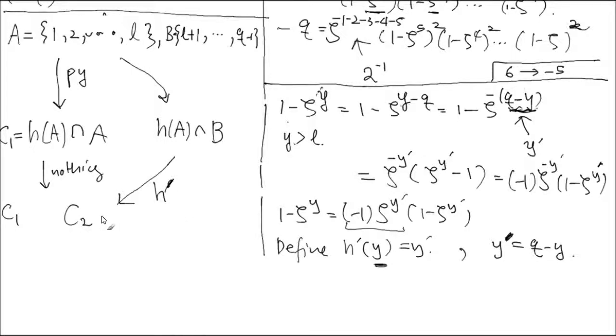So I'm going to write down a version of C2 here. C2 is HA: you hit it, and it happened to land outside A. Then you acted with one more thing, H prime, which changes it into the complementary size. 6 becomes 5, not negative 5, right? 7 becomes 6, that thing. That 7 becomes 4. And then it comes back in here. So we have C1 and C2.